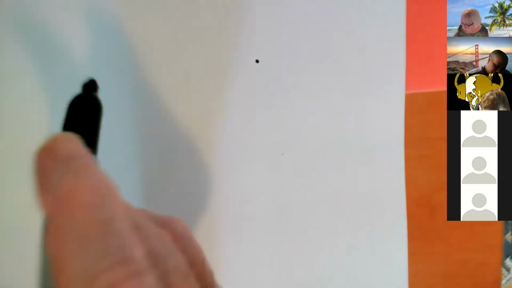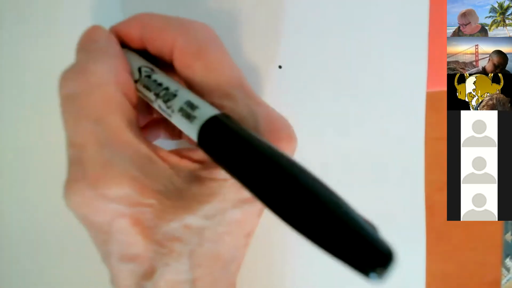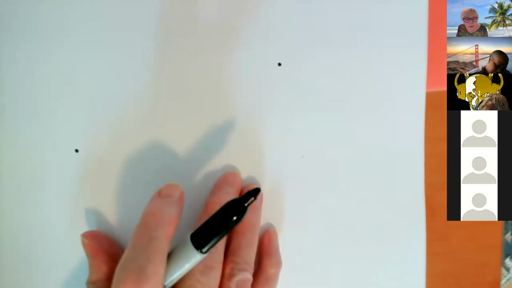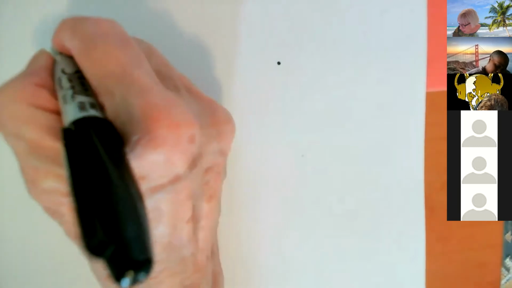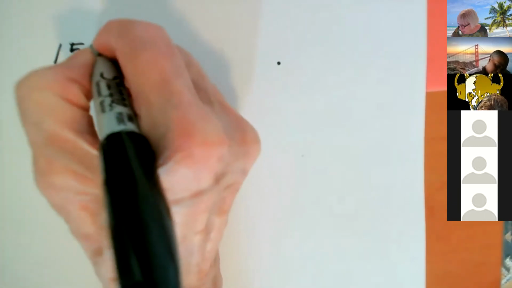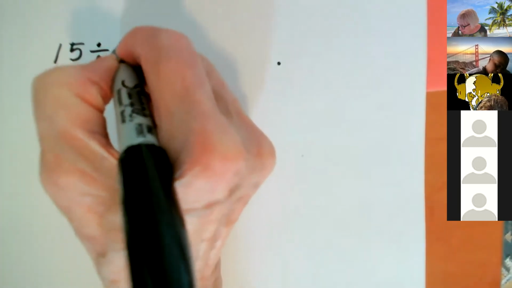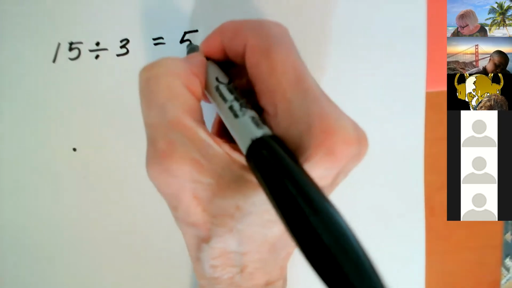So I want to show you really quickly where this comes about. If I have 3 times 5 is 15, so 15 divided by 3 would be 5.